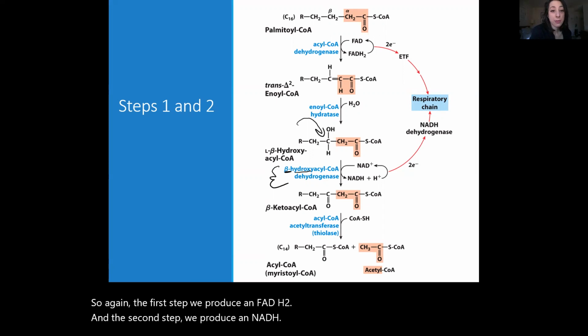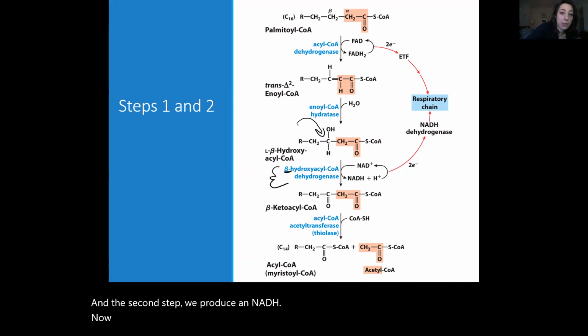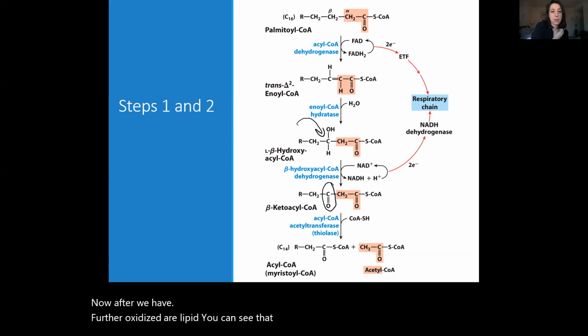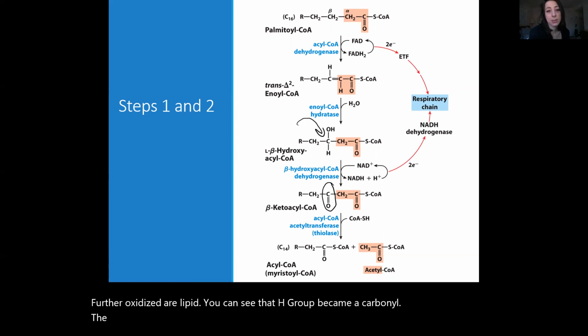Now, after we have further oxidized our lipid, you can see that OH group became a carbonyl. The last portion is called acyl-CoA acetyltransferase.